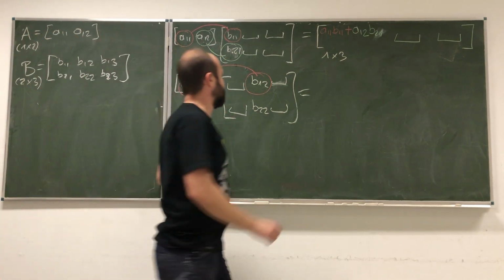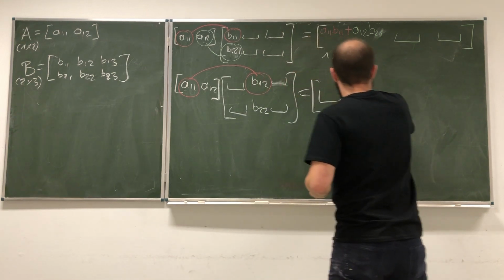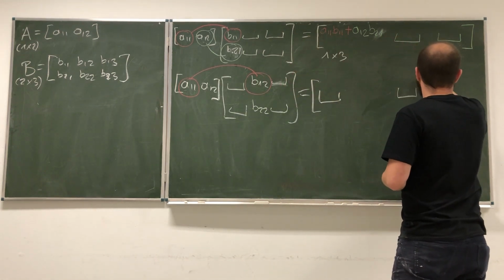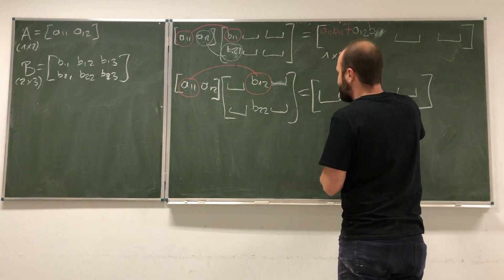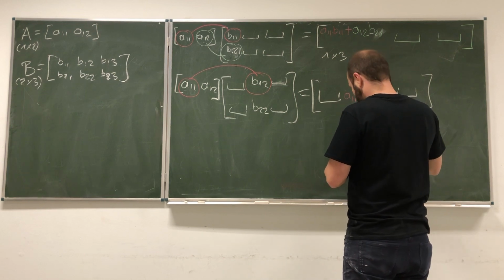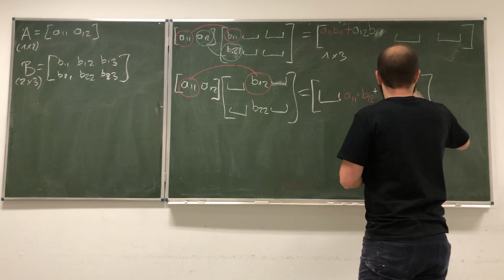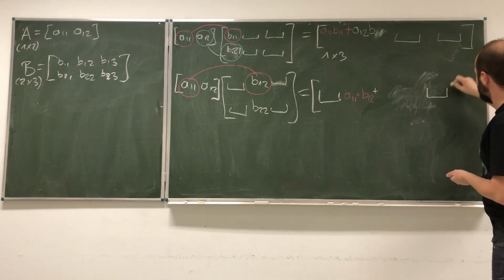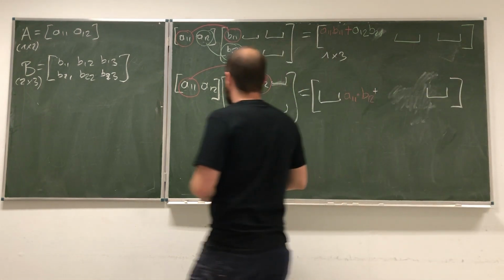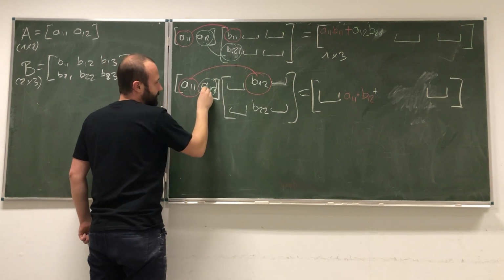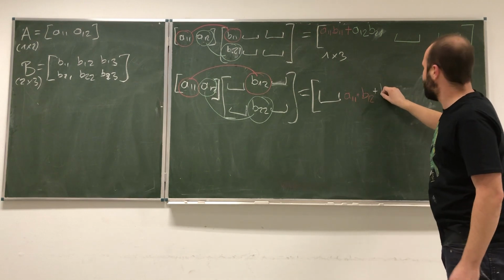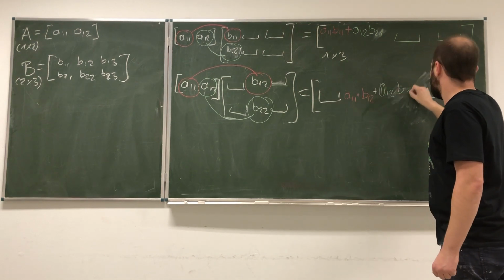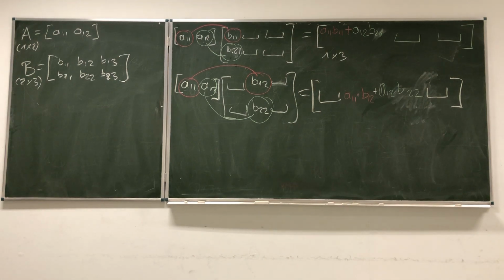So this times this, and over here we will have A11 times B12, and we add to it the second element times the second element, and over here I get A12 B22. Okay, and of course now we need to finish, so we need to use the third column.